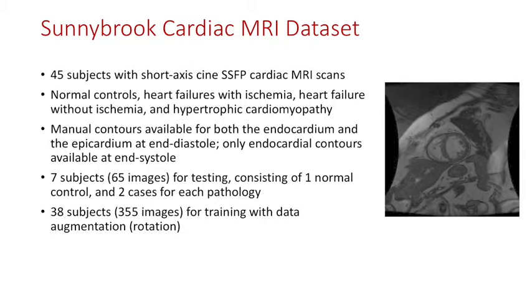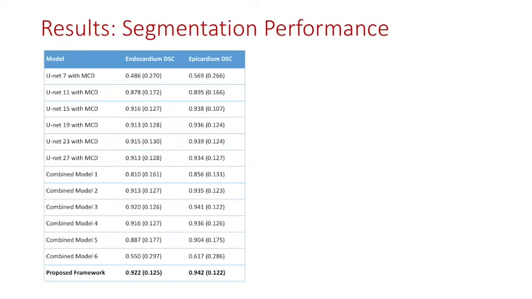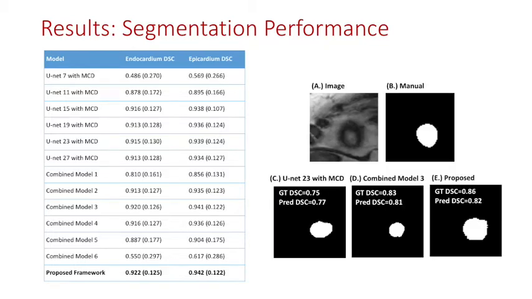And this is the result for the segmentation performance. The table shows that the proposed framework outperformed all the candidate segmentation models. And in this example, you can see the proposed framework generated more robust segmentation compared to the best unit and the best combined segmentation.